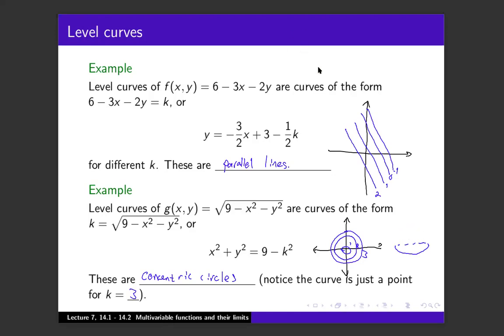Meanwhile, the actual surface in question is this sphere. So what we're seeing here is that these level curves correspond to horizontal slices through that surface, that half sphere.